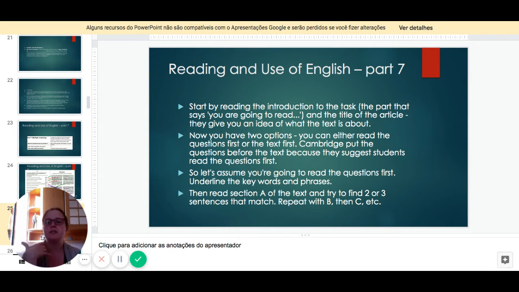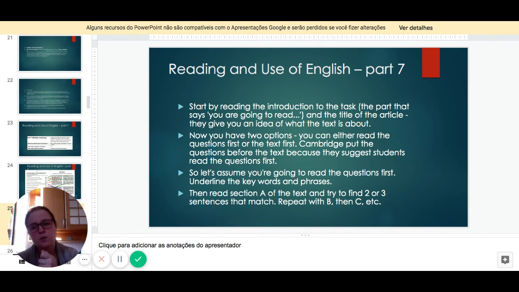So you can start by reading the introduction of the text and the title of the article to give you an idea. And then you can either read the questions first, get keywords, or get the text first. They put the questions because they want you to go to the questions first.